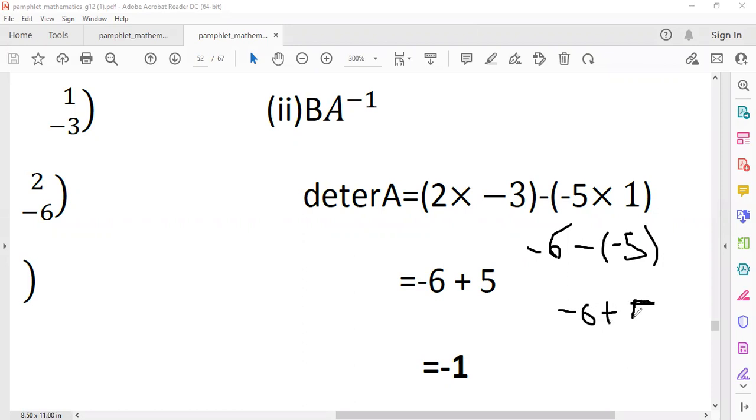Negative 6 plus 5 is 5 steps to your right and 6 steps to your left, and you end up at negative 1. So the answer for this one is negative 1.